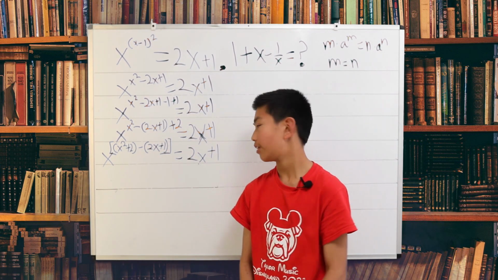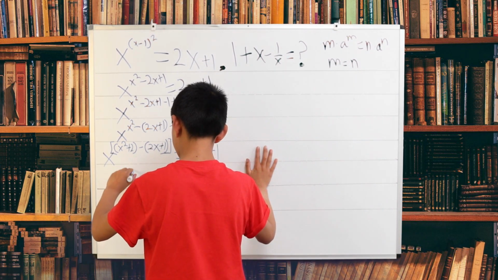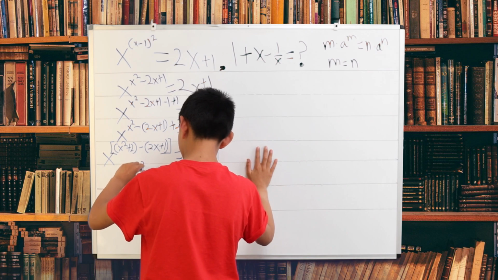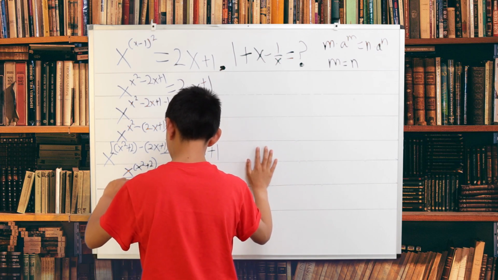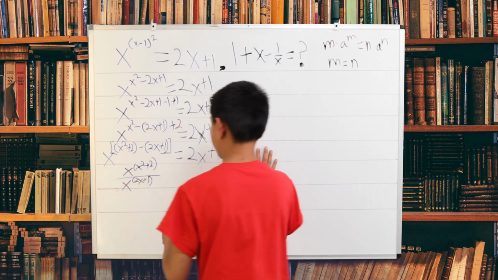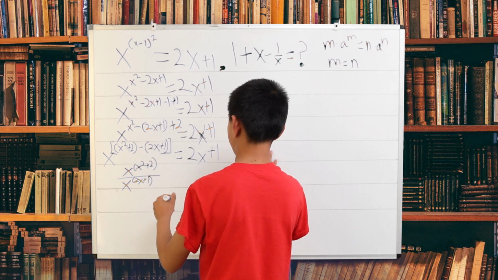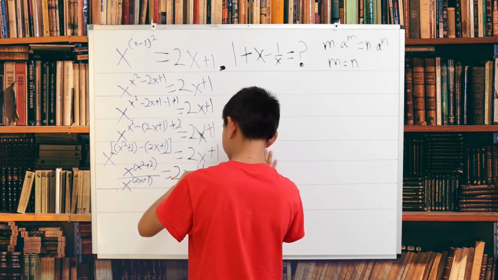So we can rewrite this side like so. x to the power of x squared plus 2 divided by x to the power of 2x plus 1. Notice because it's a negative 1 here, and this is still equal to 2x plus 1.